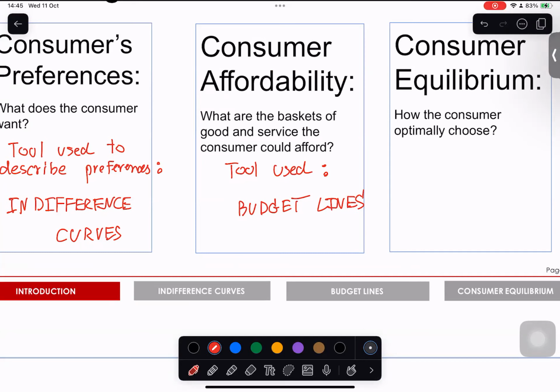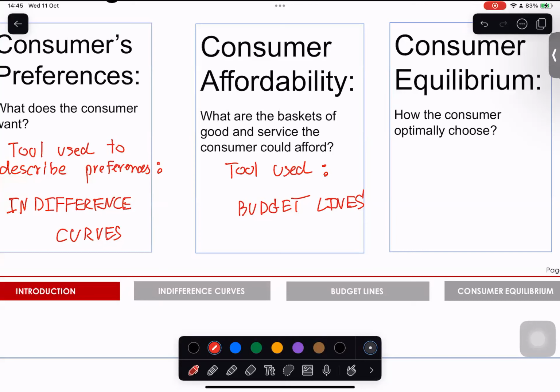Some baskets you cannot buy, your money is not enough to buy. Some baskets in front of you, you can buy and have some money left. Some baskets you can buy and you finish up your money. The budget line will tell us about these categories. Can, cannot, can with money spent up, can with leftover money, explained by this line.